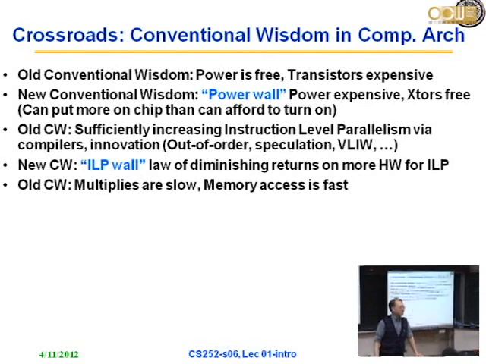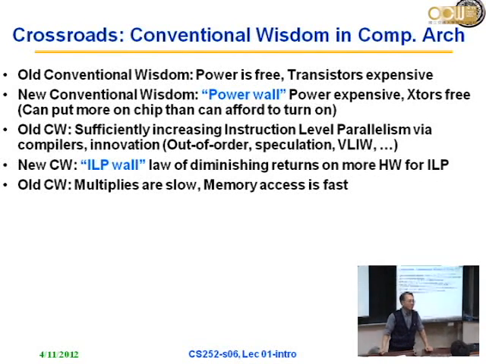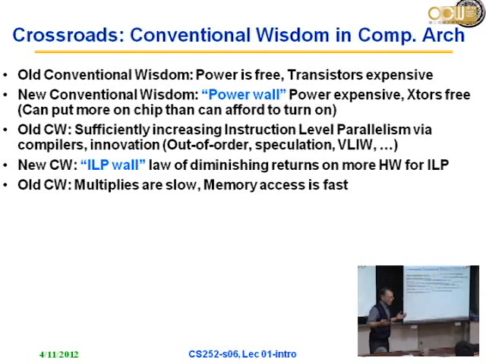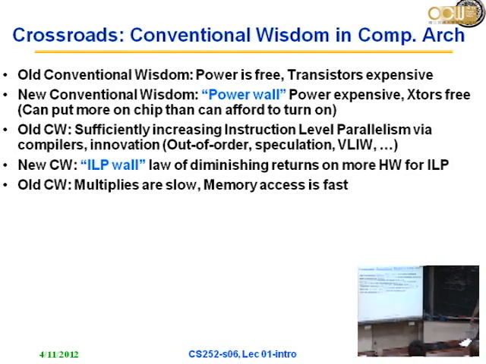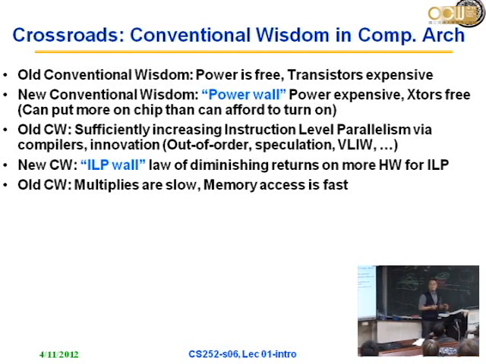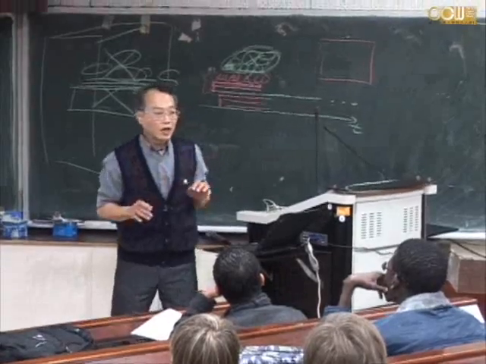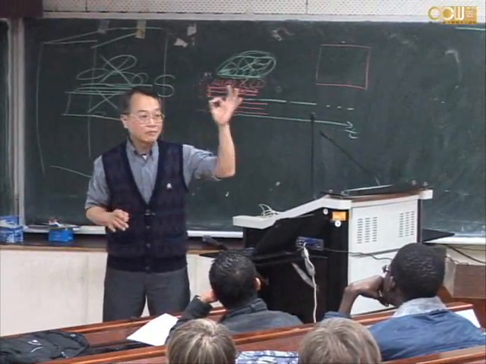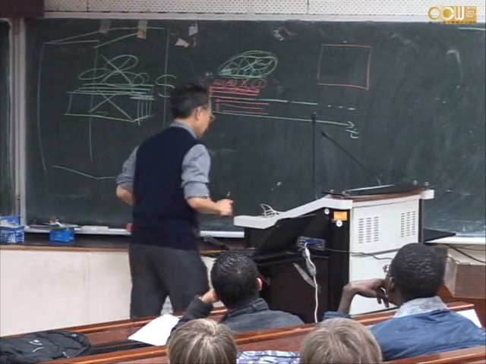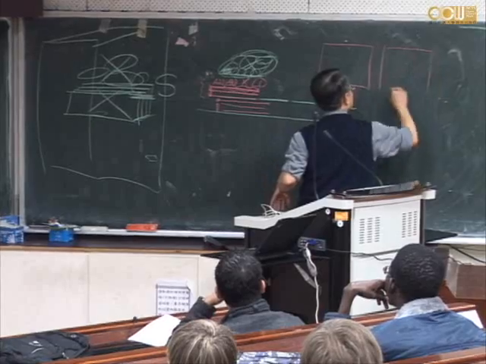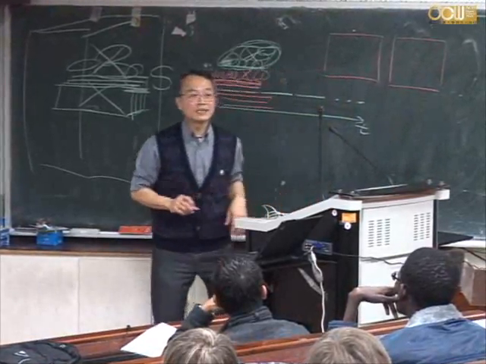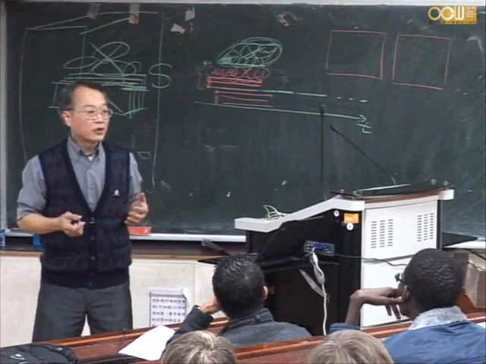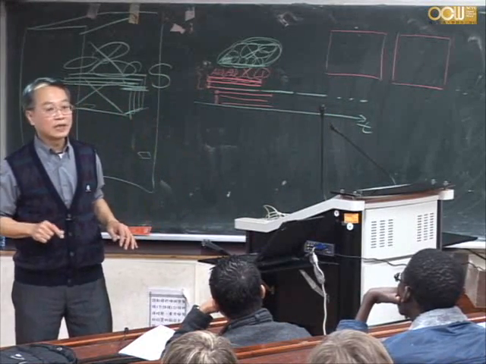Many good answers. The best answer is, of course, that's the fact. But we need to understand why. You said somewhat right. Another thing is, memory is always the biggest, because the structure of the memory is very regular. So we always use the largest die size to implement memory. Okay, CPU may also be big because we always want to make CPU very powerful, trying to pack as much capability in the CPU as we can.